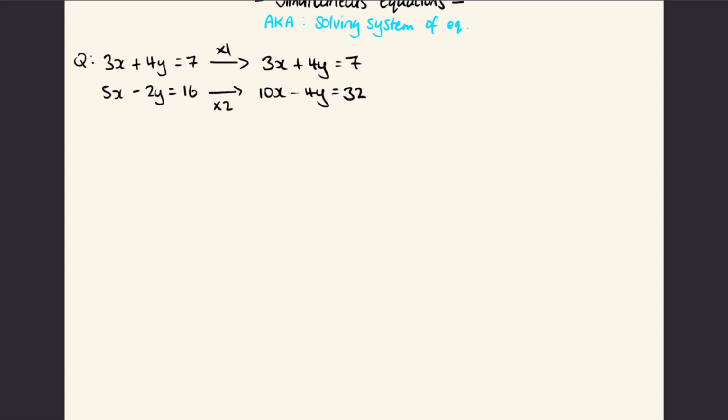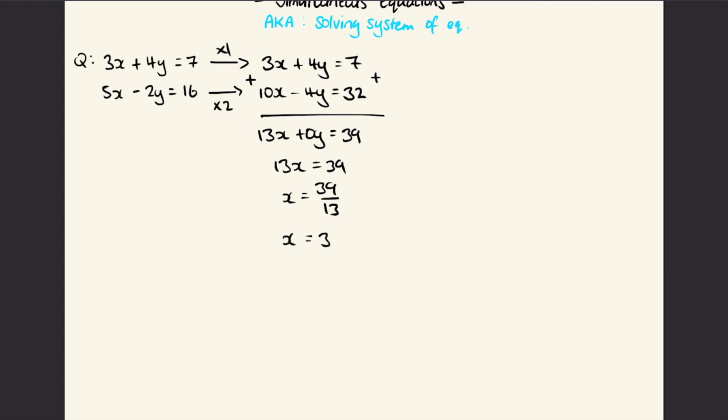So we add both sides. It now becomes 13x plus 4y minus 4y, which is just 0y, equals 39. That can be simplified, so our answer for x is 39 over 13. Putting that into our calculator, the answer is 3.